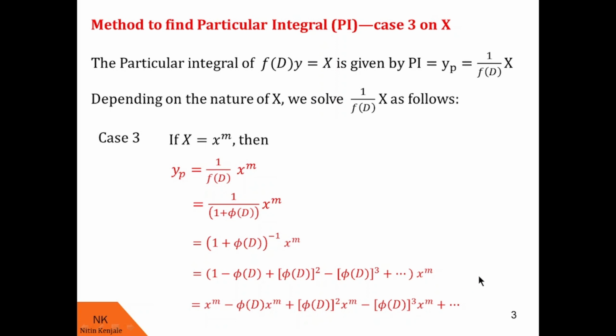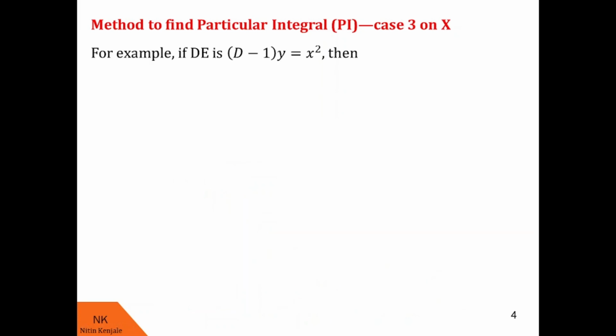Let us understand this concept with the help of an example. Assume the given differential equation is (D minus 1) y is equal to x square. Then the corresponding particular integral is given by 1 upon (D minus 1) of x square.